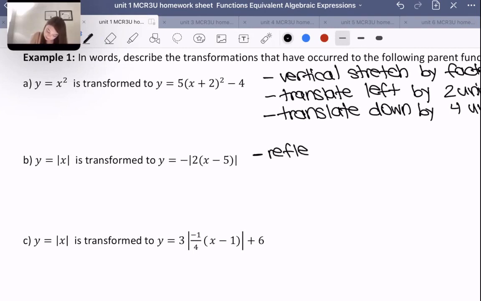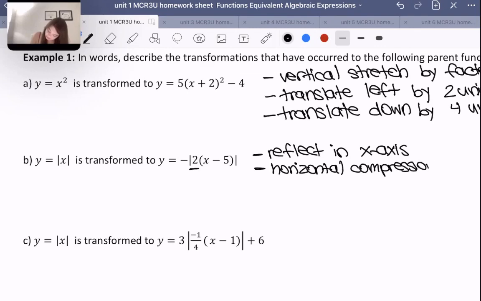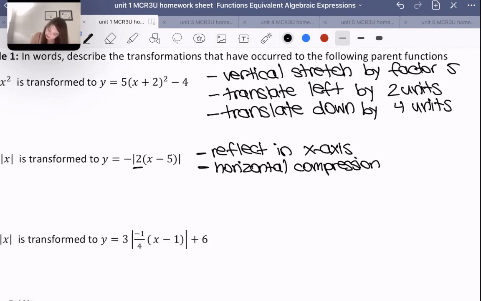We would reflect in the x-axis. Now it doesn't have an actual value other than 1, so we don't have to do any vertical stretch or compression. Now we do have this 2, which means we do a horizontal compression by factor 1/2.